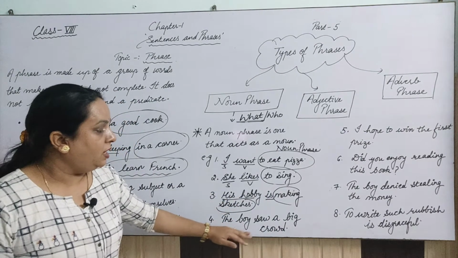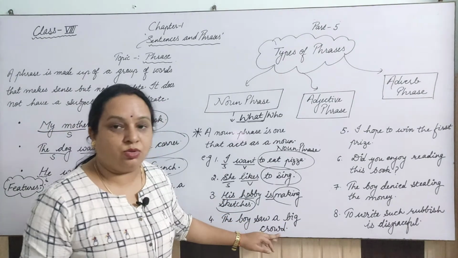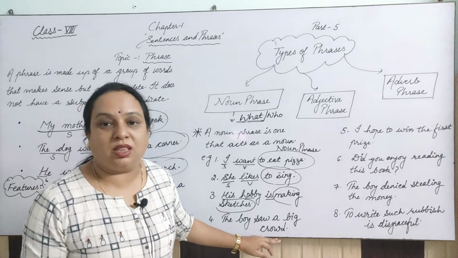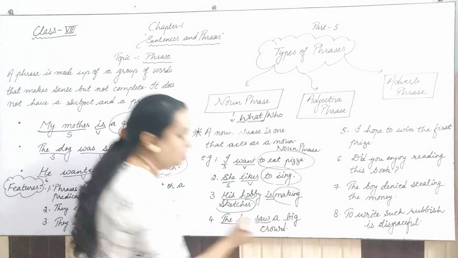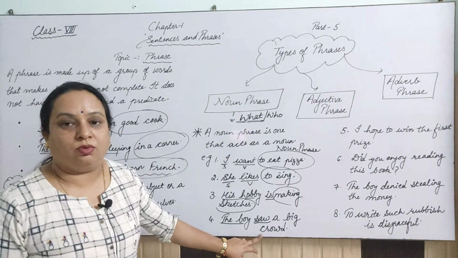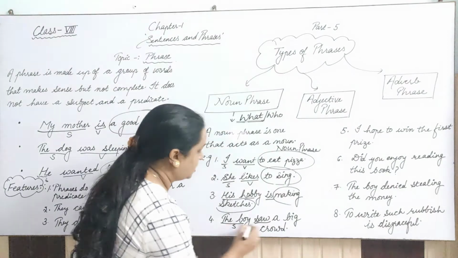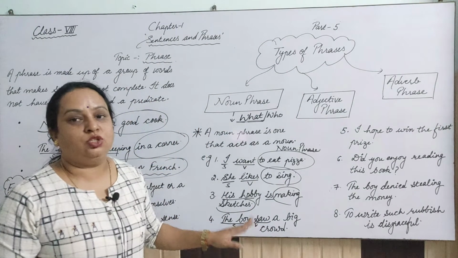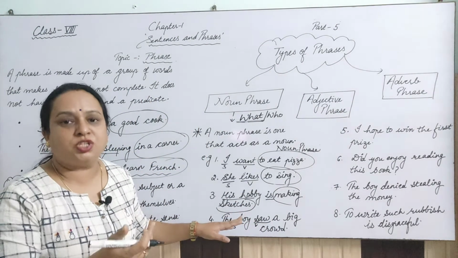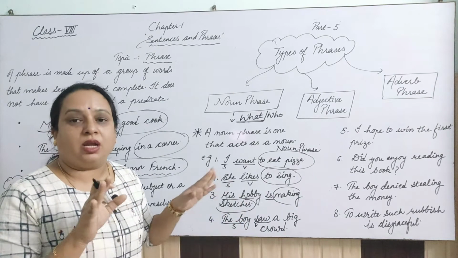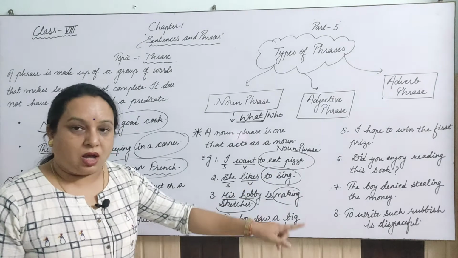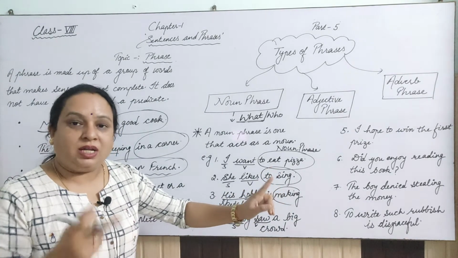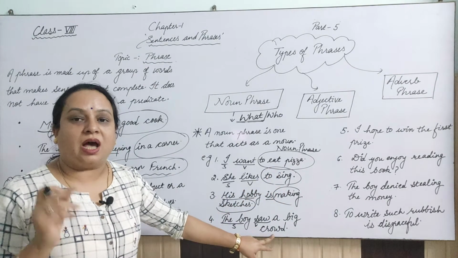Next, the boy saw a big crowd. Now, what is the subject here in the sentence? The subject is the boy. What is saw in the sentence? That is the verb. So these subject and verb will help us frame the question with what. If we are able to make the question with what, then the answer to that what will be the noun phrase.